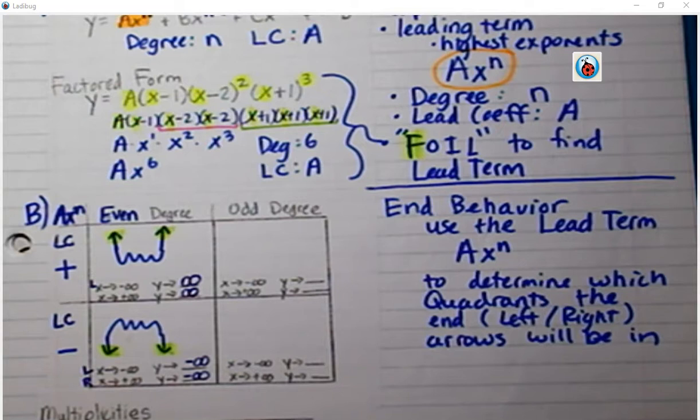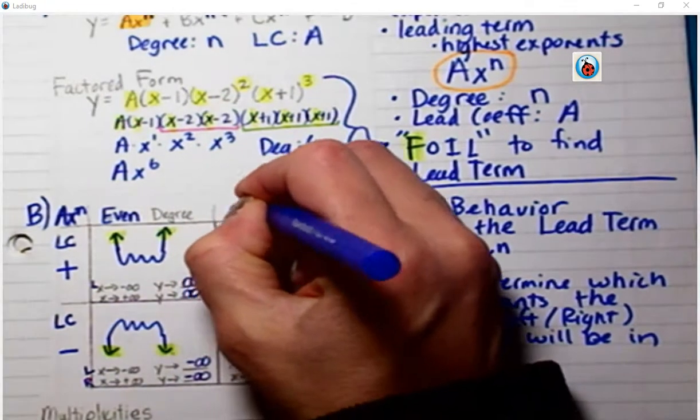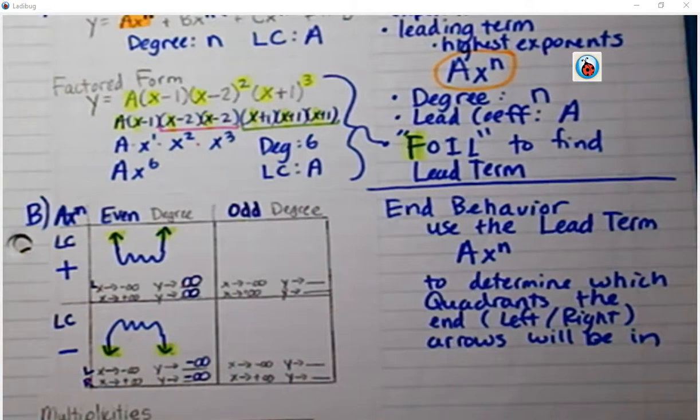Okay, here we go. Odd degree, which is actually easier than even. Okay, smallest positive odd number. 1. Okay, what does y equals 1x look like? Straight line, like this, or I have to do it backwards.